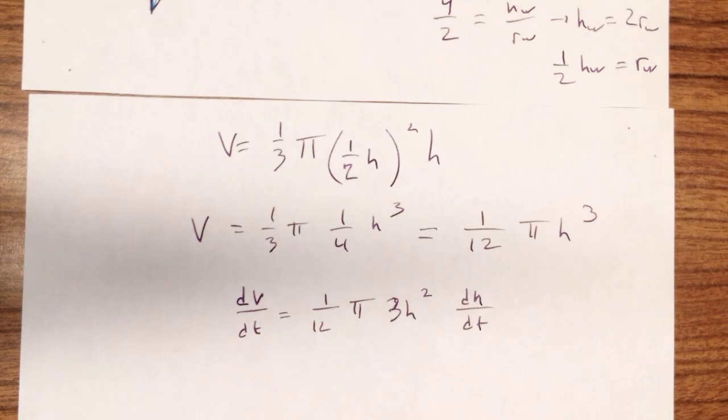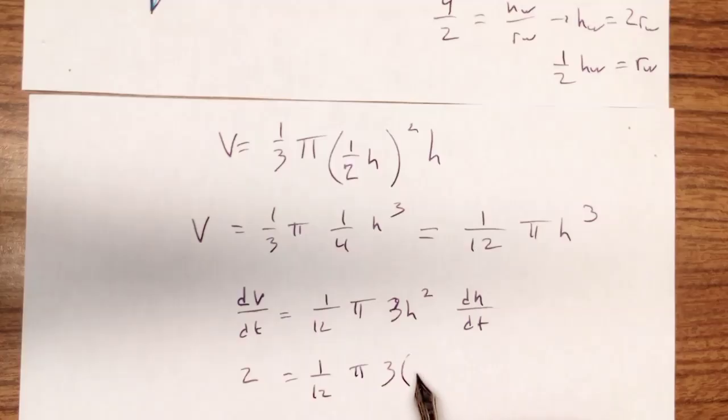And now I put all the numbers in I know. dV dt is 2, and H was 3.